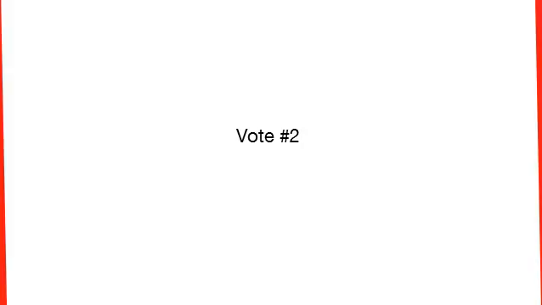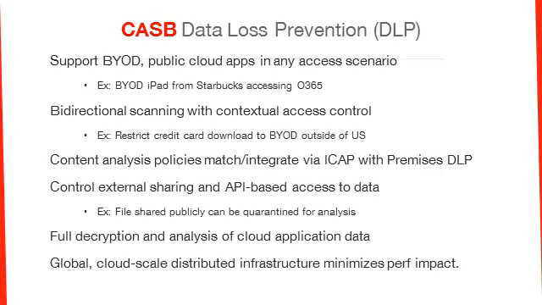All right. Well, let's dive right in to the CASB data leakage prevention capabilities that enable you to secure data in your public cloud application, whatever it may be. So, as we've said before, support for BYOD is absolutely critical.